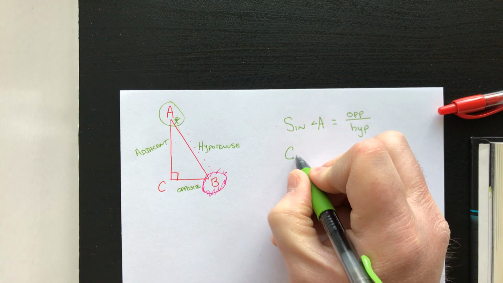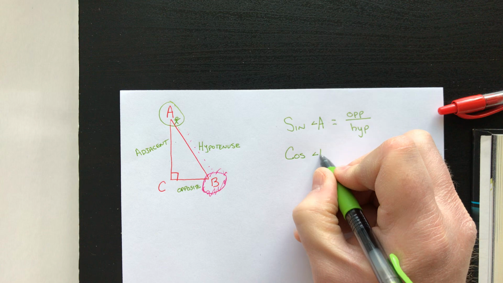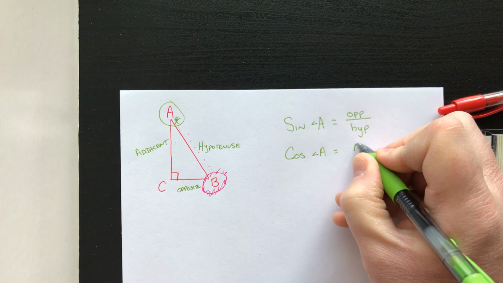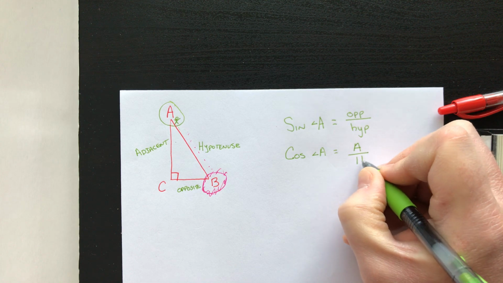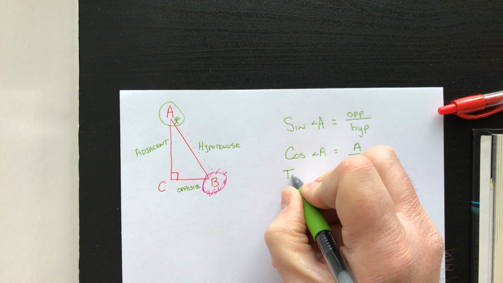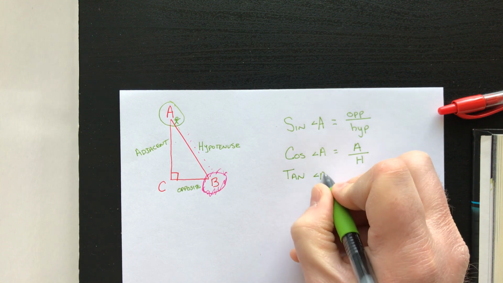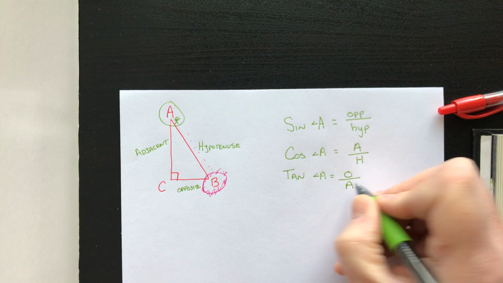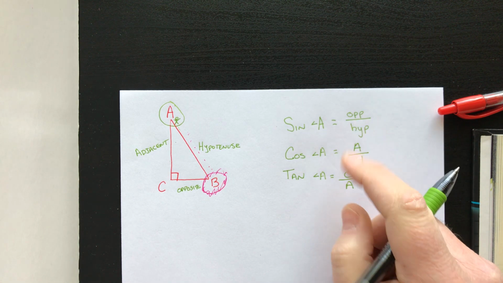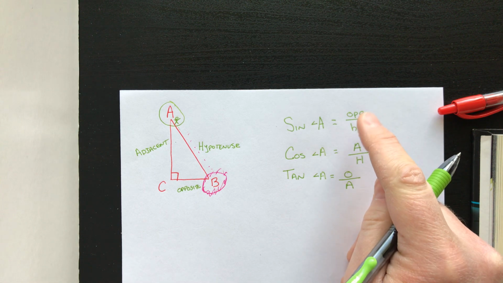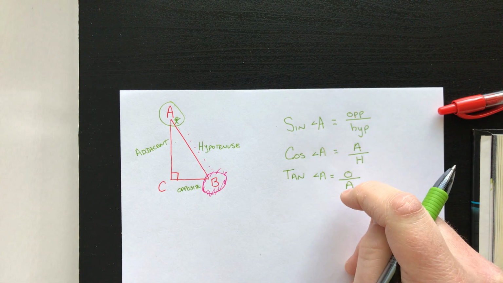The cosine of angle A is going to be equal to adjacent over hypotenuse, A over H. And then the tangent of angle A is equal to opposite over adjacent, okay? You need to know these ratios. Whatever these side lengths equal, that's what you plug in over here, okay?